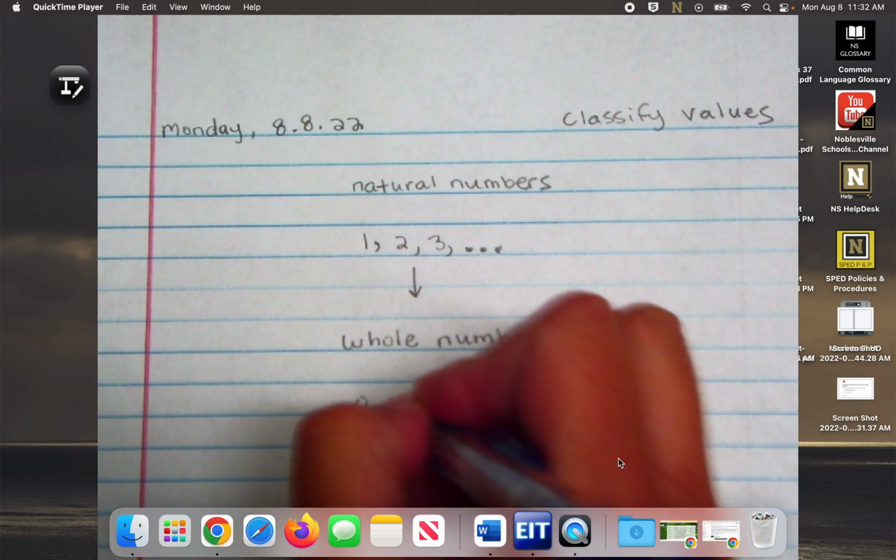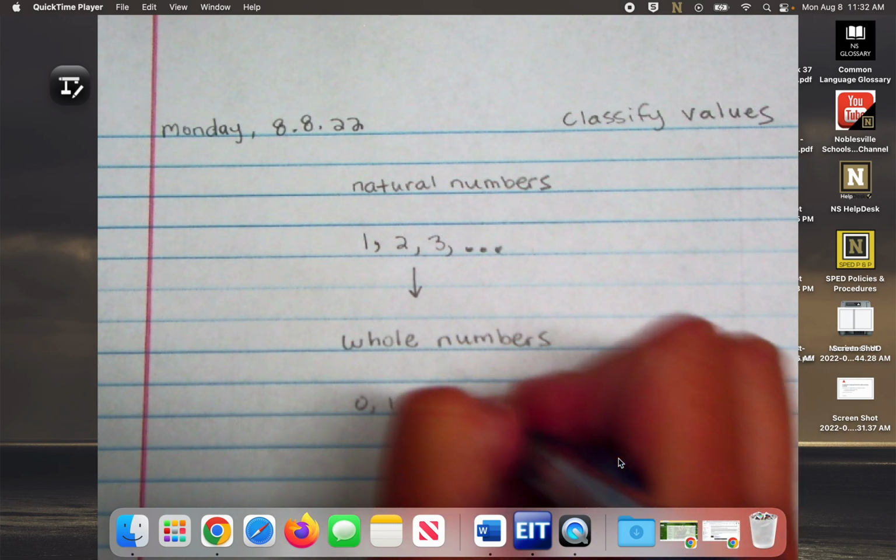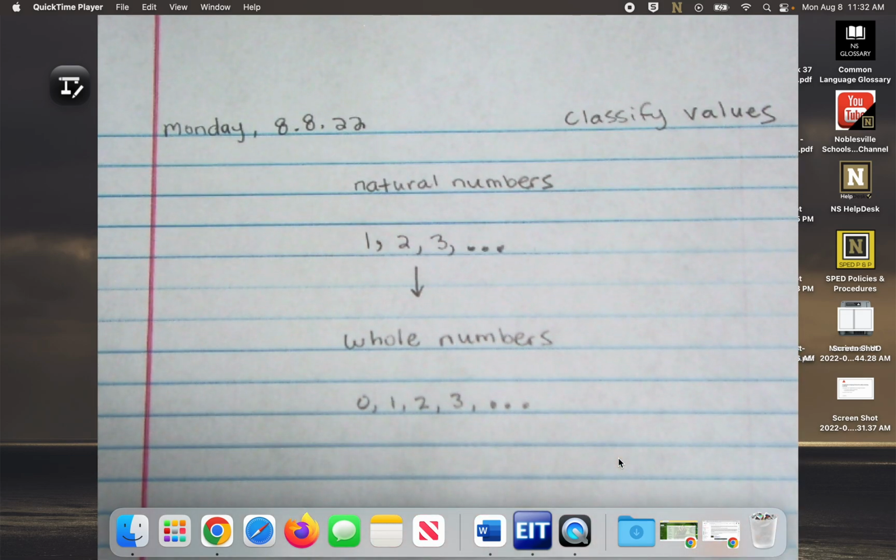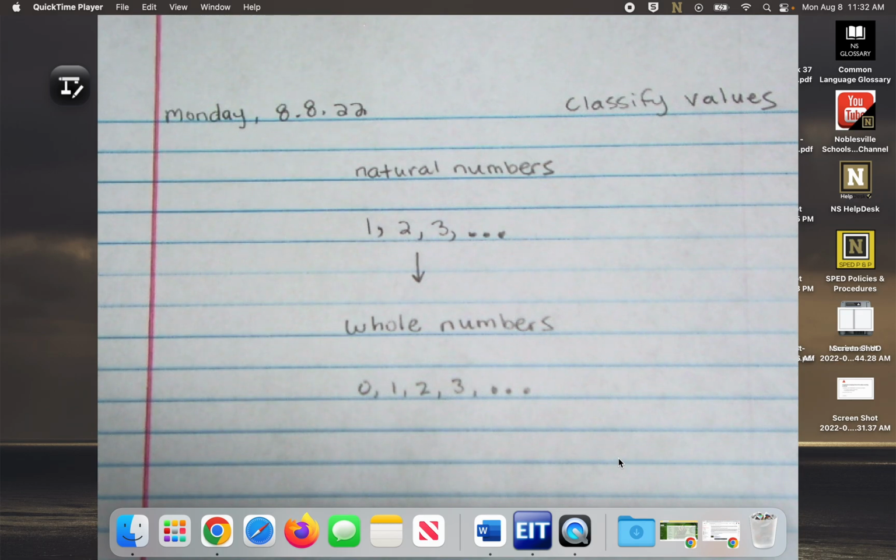So now we've got 0, 1, 2, 3, and so on. And one of the ways that I help students remember that whole numbers actually has 0 is because the word whole looks like it has a 0 in it. I know that's the letter O, but you see how this has it and natural numbers doesn't, right?